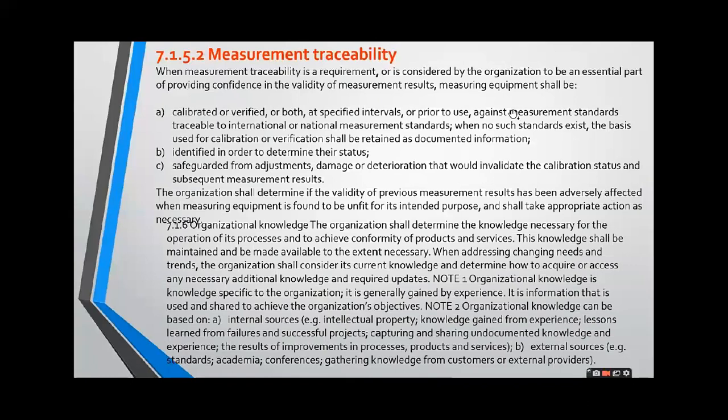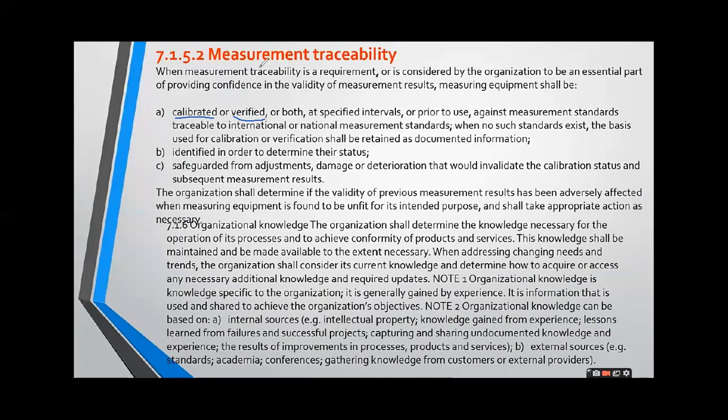As the first one, let's highlight it well: calibrated or verified. Calibration or verification, or both, is about the equipment that must be calibrated or verified at specific intervals or before use.